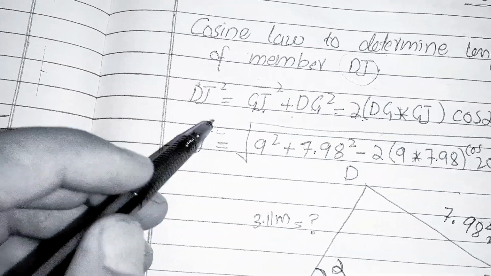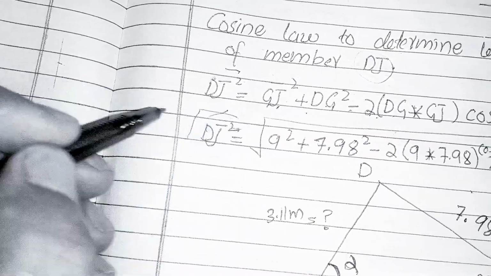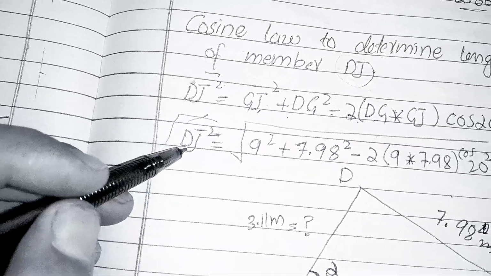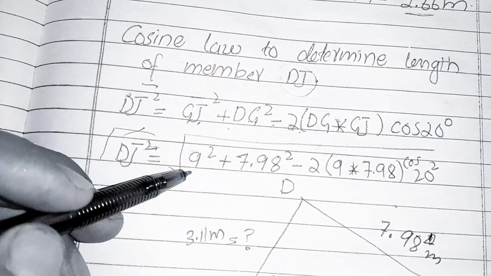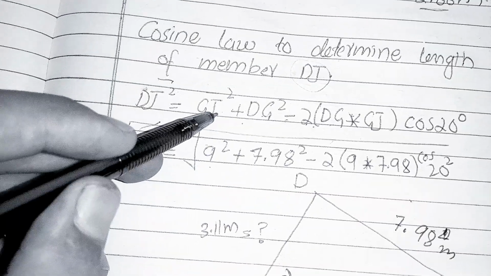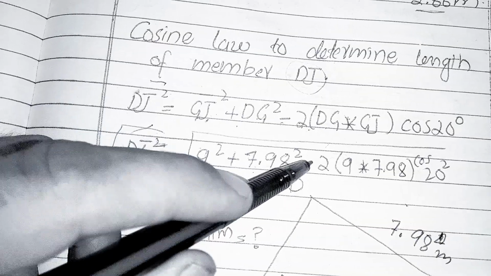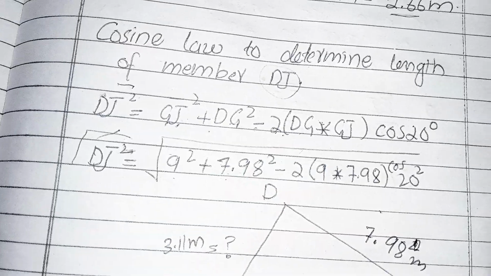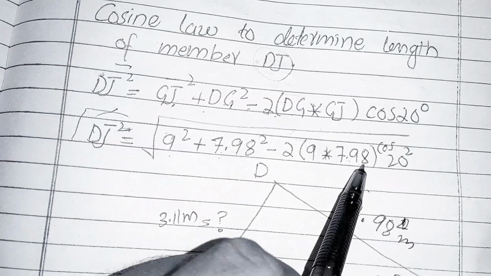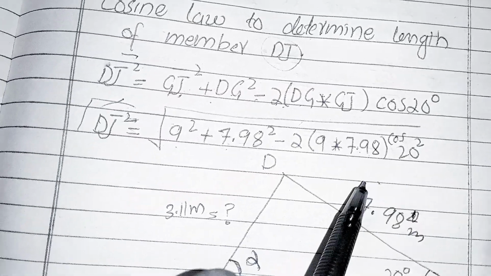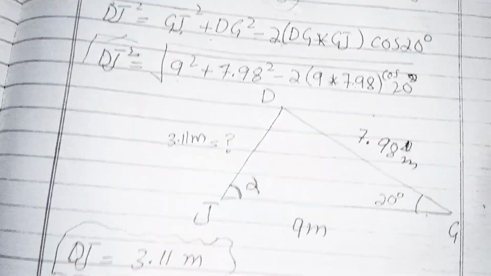So I take the square root on both sides. The square cancels with the square root on the left side, so DJ will remain, and the square root is taken on the right side. So GJ equals 9 and DG equals 7.98, squared, minus 2 times 9 times 7.98 times cos 20 degrees.